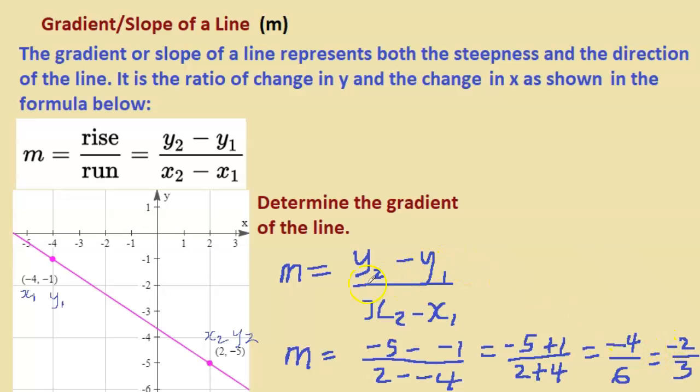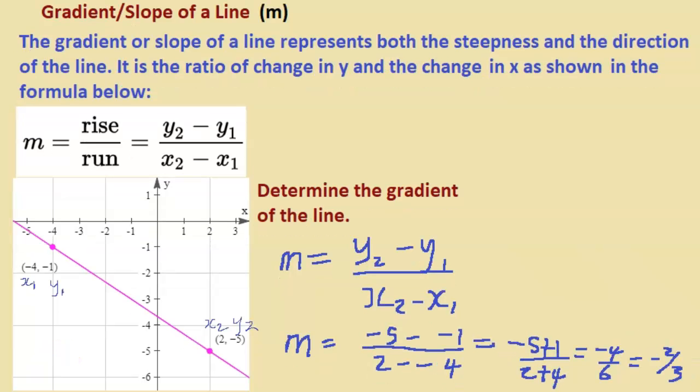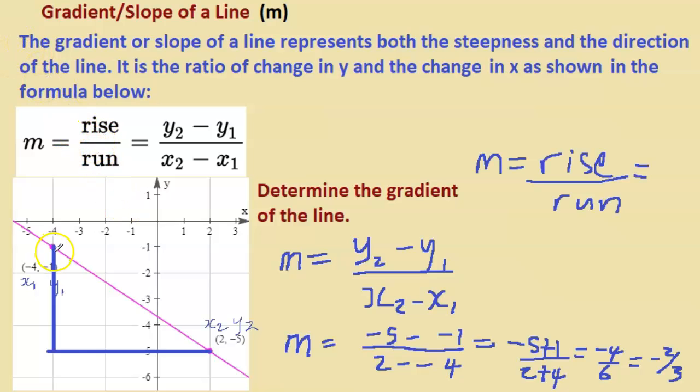Let's do another example. Before we go to the other example, I just realized I wanted to use rise over run and see if we get the same -2/3. Now, let me put the run at the bottom here.